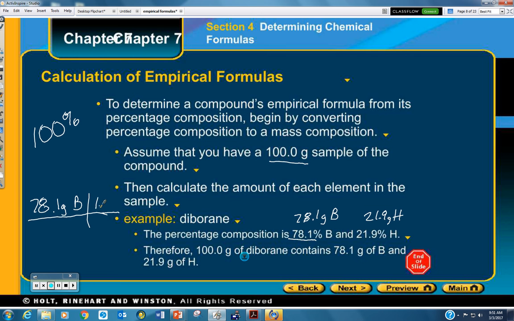So 1 mole of boron is equivalent to 10.81 grams. So I divide 78.1 by 10.81. That's going to give me 7-point-something moles, so we have 7.2 moles.